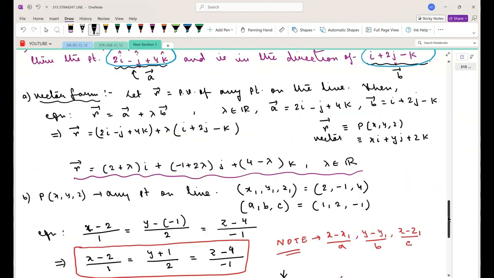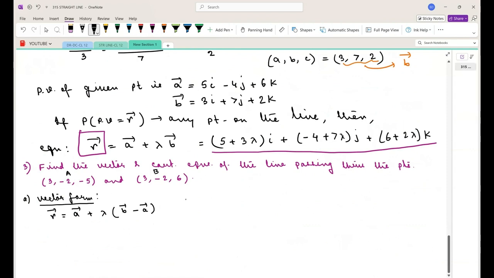Okay, so now we have to identify our A and B. Since my point A has coordinates 3, minus 2, minus 5, the position vector of the point A will be 3i minus 2j minus 5k. Right. Now point B is 3, minus 2, 6.